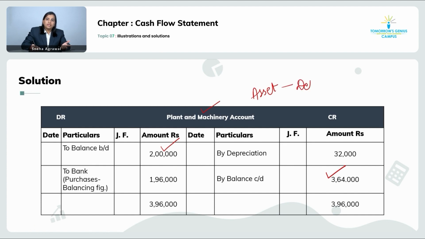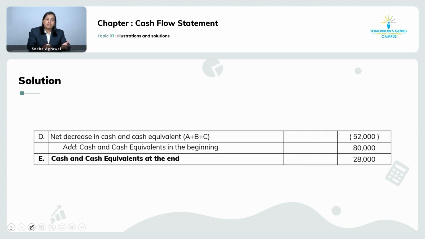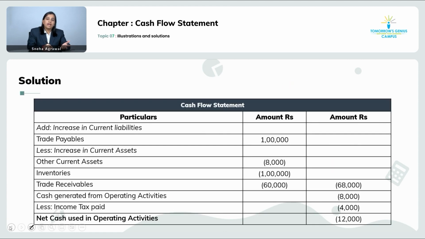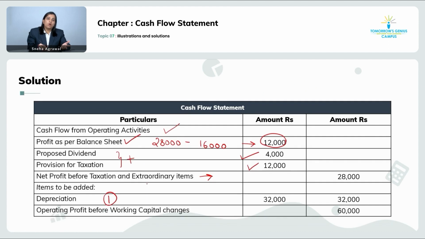Assets have a debit balance. So my opening is on the debit side, closing is on the credit side, and depreciation is 32,000. Whatever balancing figure I get is nothing but the current year purchases. So if my depreciation is 32,000 and it is a non-cash expense, I will add it back to the operating activity, right?